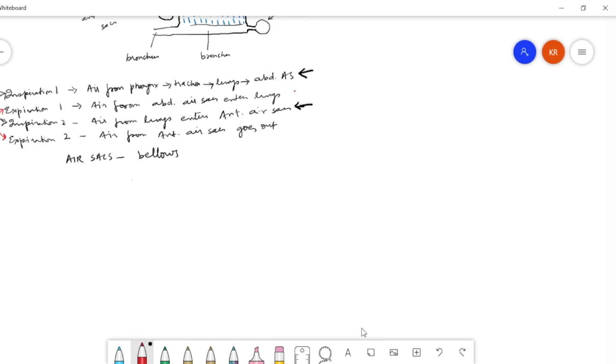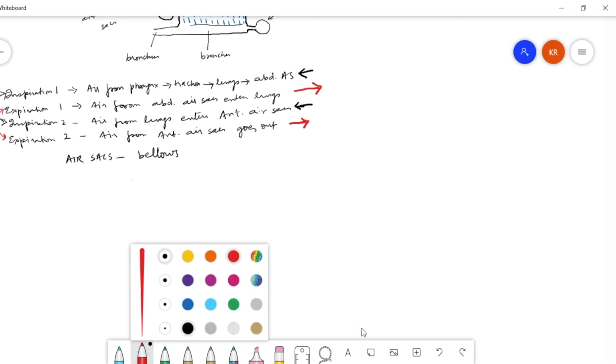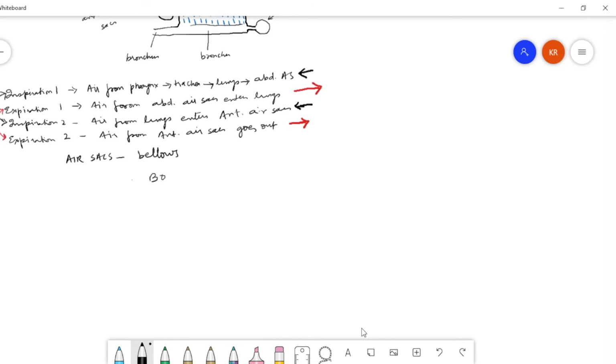Whereas in expiration, these two are connected. Both inspirations 1 and 2 occur simultaneously.